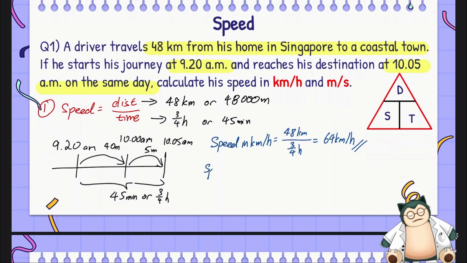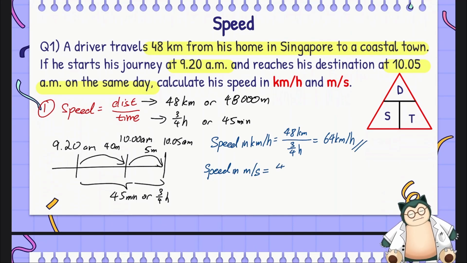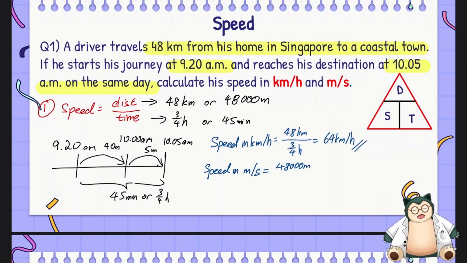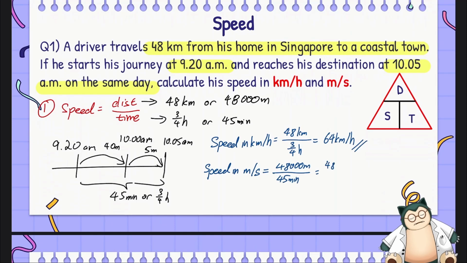Our next, speed in meter per second. We already got the distance in meters, so let's write it down. But for seconds, we only got minutes so far. So how do we convert minutes to seconds? Yes, we multiply by 60. So we take 48,000 meters over 45 times 60 seconds.